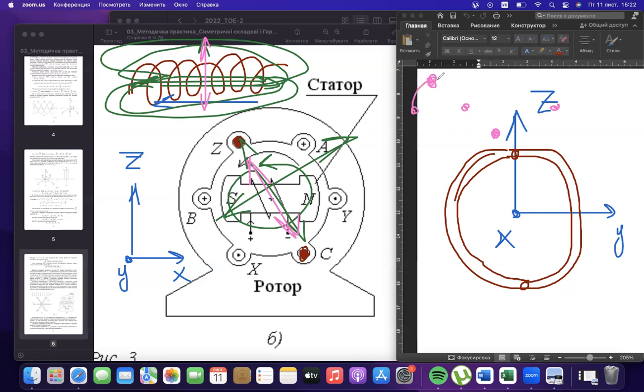And all variants of the signal that we will obtain will be a sinusoidal line.